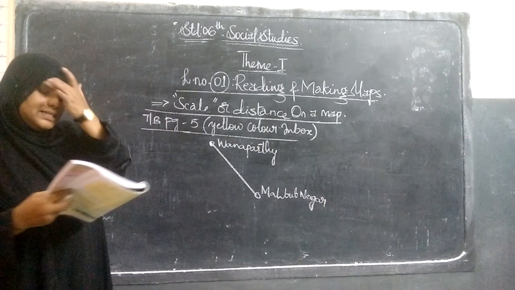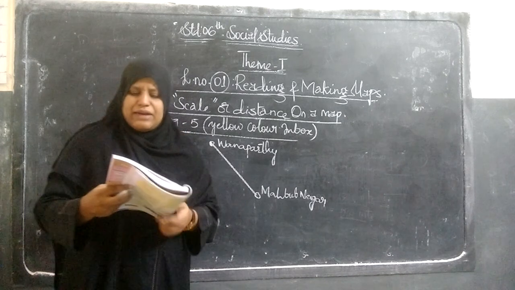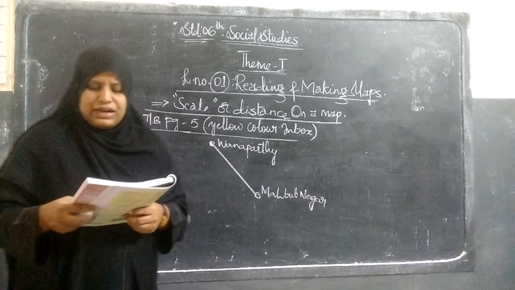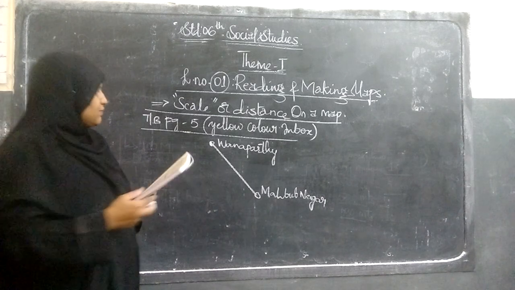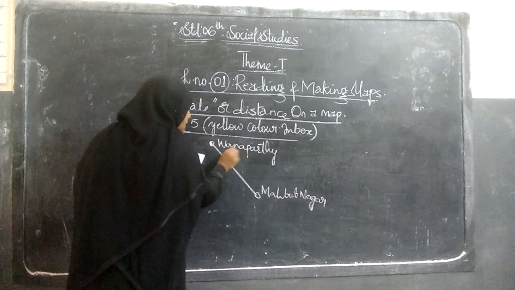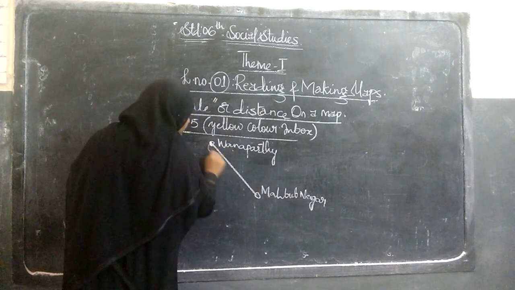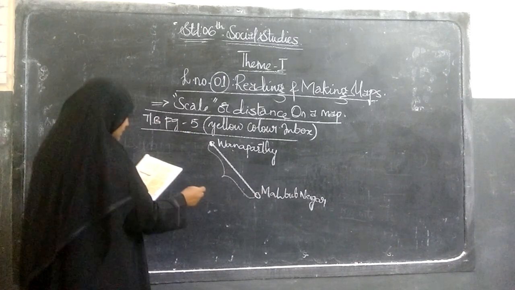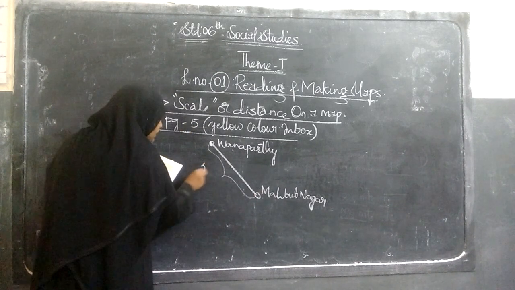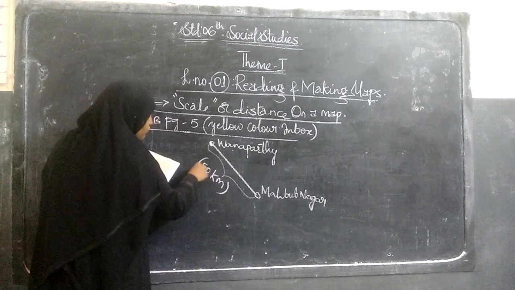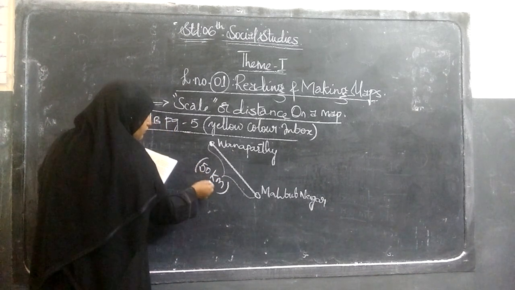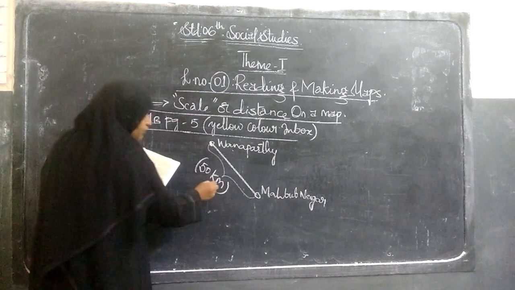In the given case, the distance between Mehboob and Vanapati is given in the form of a line. The actual distance between these places is 50 kilometers. So these are the two places, Vanapati and Mehboob, and the distance from here to here is 50 kilometers.